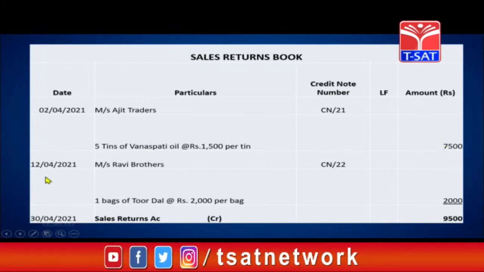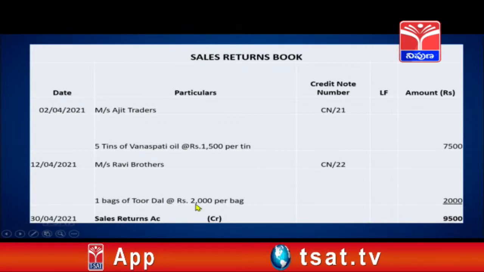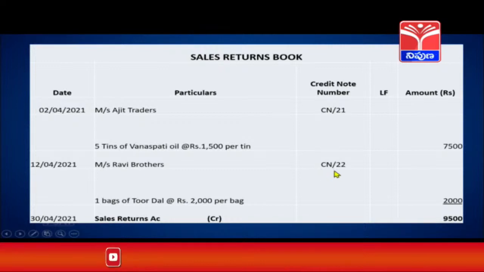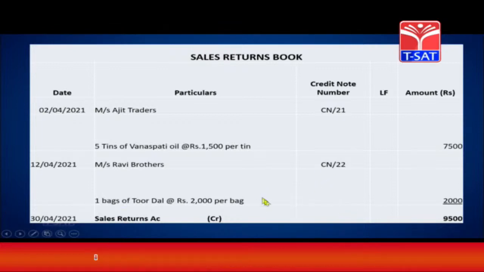Now one more example is on 12th April, Ravi Brothers returned 1 bag of tur dal which we sold earlier on credit basis. So we are issuing a credit note to Ravi Brothers, stating that his account is credited with 2,000 rupees of the sales returns.